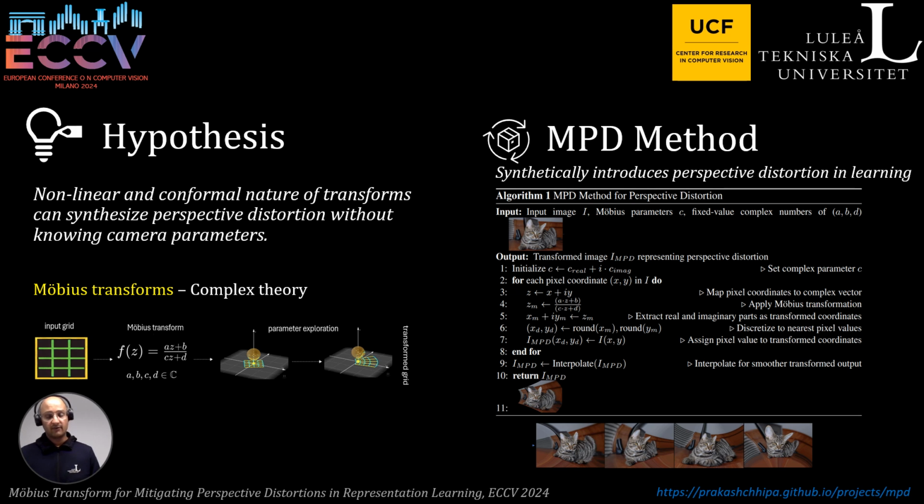In this way we are able to synthesize the perspective distortion, as you could see in the example of the cat from different orientations: left, right, top, and bottom.